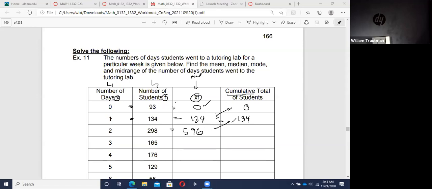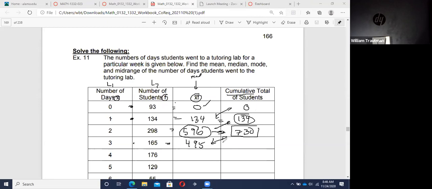Well, we have to add 596 to our total 134. 596 plus 134 is 730. Do you see? It's a cumulative total. These two add up to 730. This is my new total. 3 times 165 is 495. Then I'm going to add these two up.